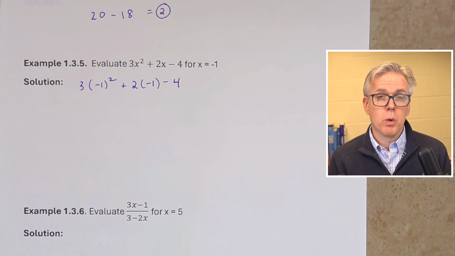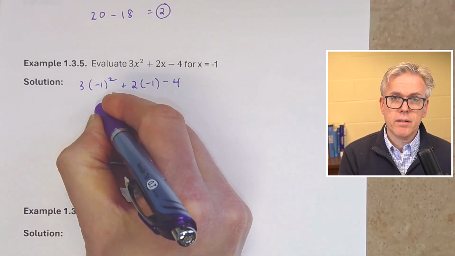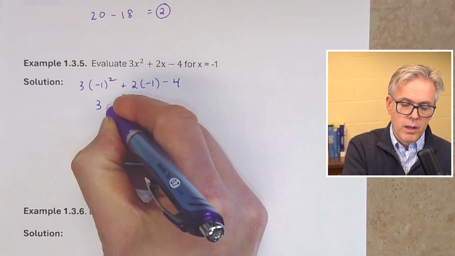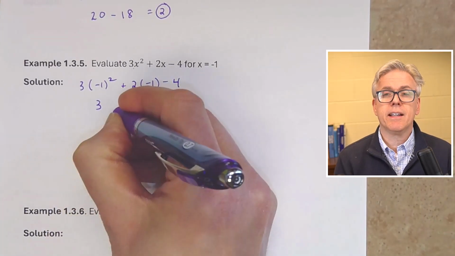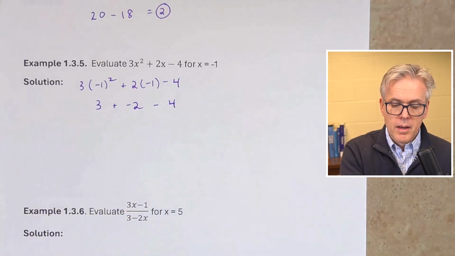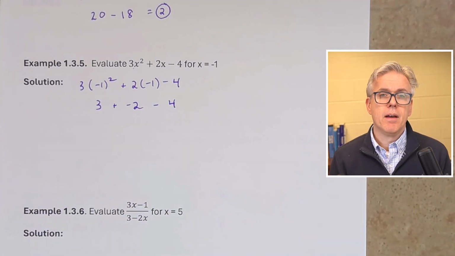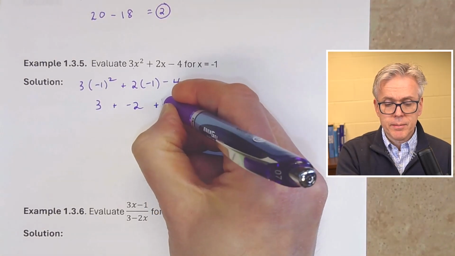And now we use order of operations to solve this. So we're going to have negative 1 squared is 1. So 3 times 1 is 3. 2 times negative 1 is negative 2. And then minus 4.